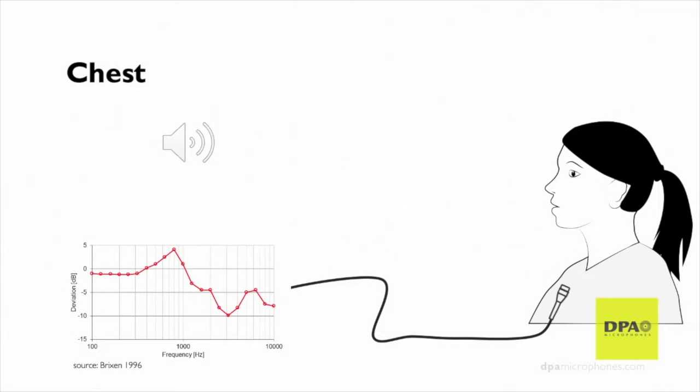Okay, now you heard all four of them. I'll mute here so you don't hear the echo. I'm not sure you can hear the differences between the placements, but I encourage you to do this little experiment yourself because it's an eye-opener. What I normally do is take 4 identical DPA mics and place one on the forehead, one over the ear, one as a headset, and one on the chest. And I record all 4 of them at the same time. Make sure that the levels are the same.